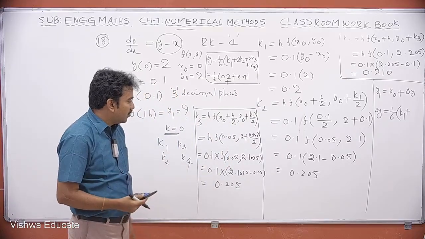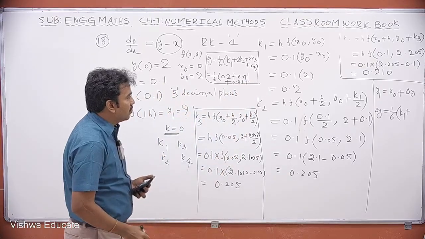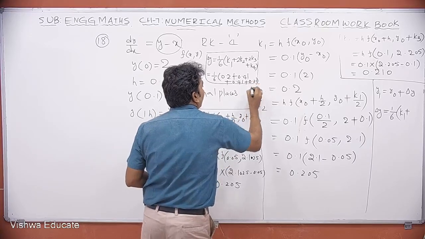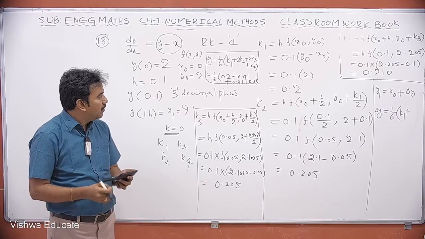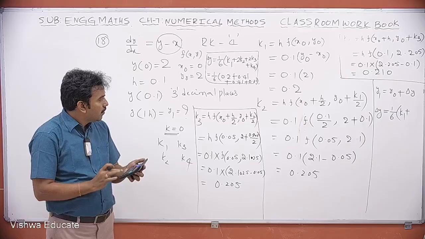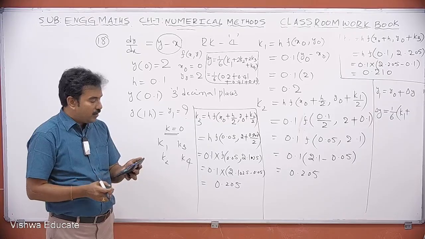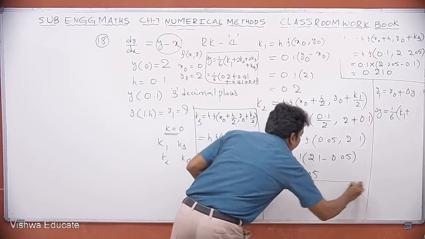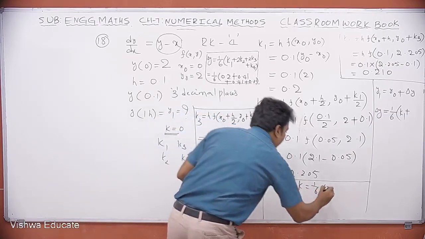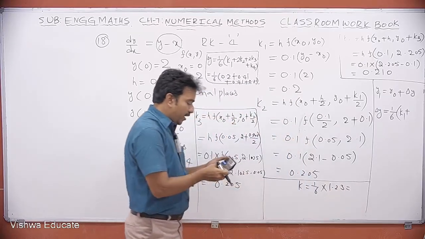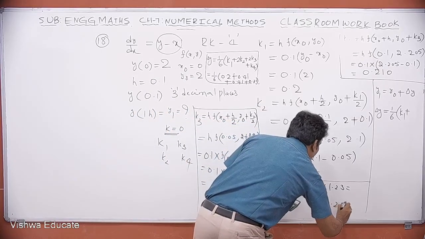Of course, we got the same, this is 0.41, plus k4 value, this is 0.21. So let me add all this: 0.2 plus 0.41 plus 0.41 plus 0.21. This summation gives me 1.23. So 1.23 divided by 6 gives me again 0.205.